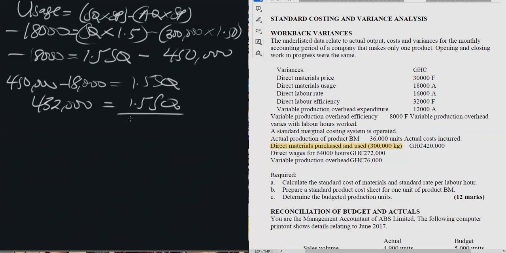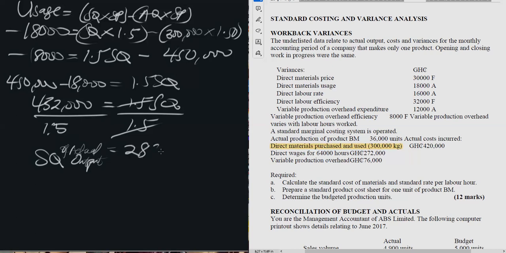Now, we divide both sides by 1.5 and we should end up getting what the standard quantity is. Now, remember that standard quantity is always of actual output, right? Meaning the standard quantity that we have there has been multiplied by the actual units produced. Remember the flex. So this 432,000 divided by 1.5 should give us what? The standard quantity. And this standard quantity is actually 288,000 kg.